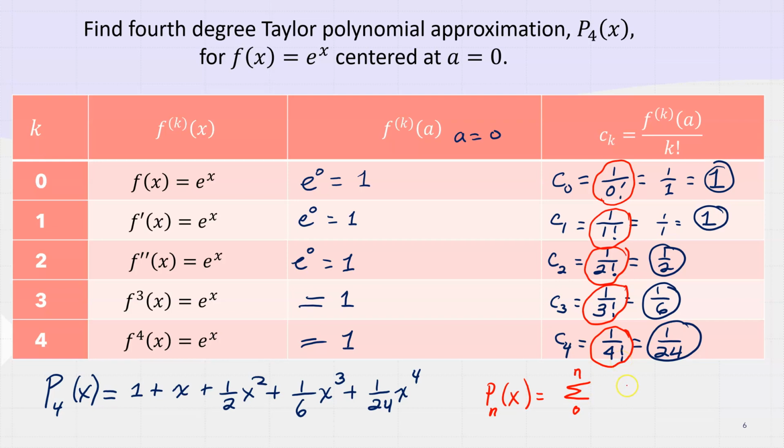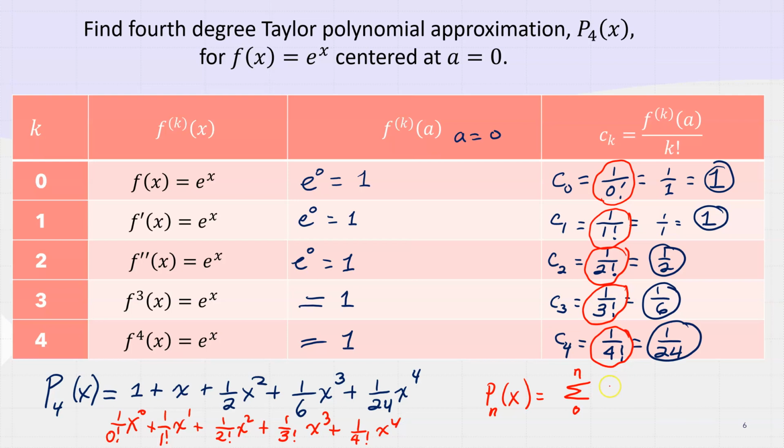And we're going to have x to the 0 plus x to the first, and this is 1 over 0 factorial. This is 1 over 1 factorial, and then plus 1 over 2 factorial x squared plus 1 over 3 factorial x to the third, and so on, plus 1 over 4 factorial x to the fourth, right?